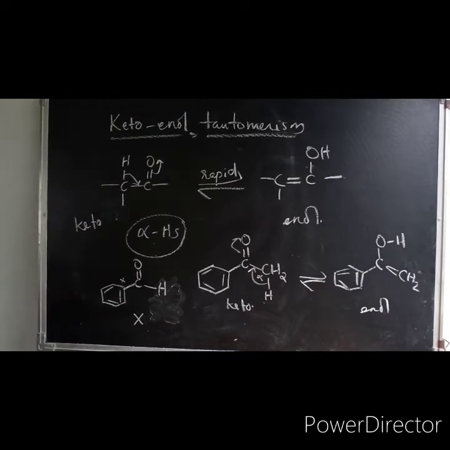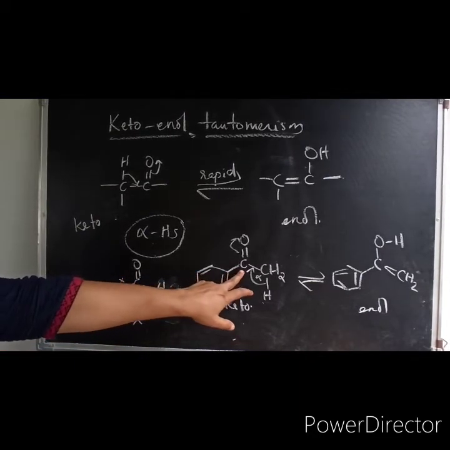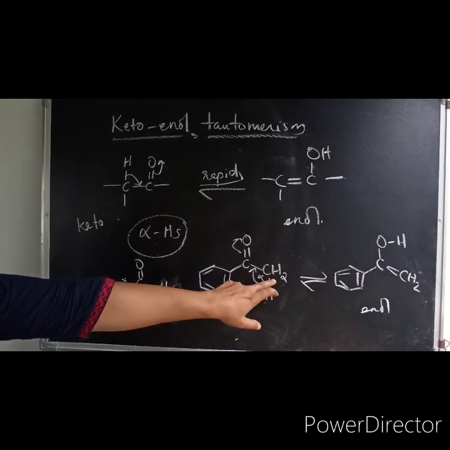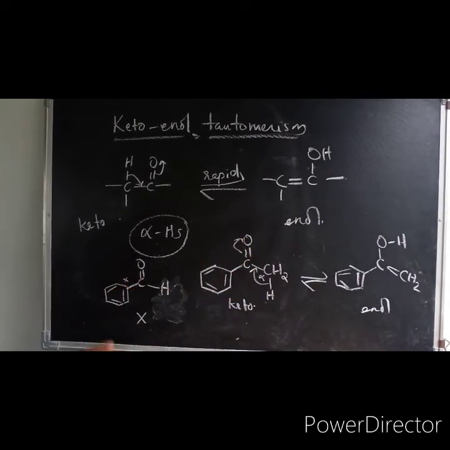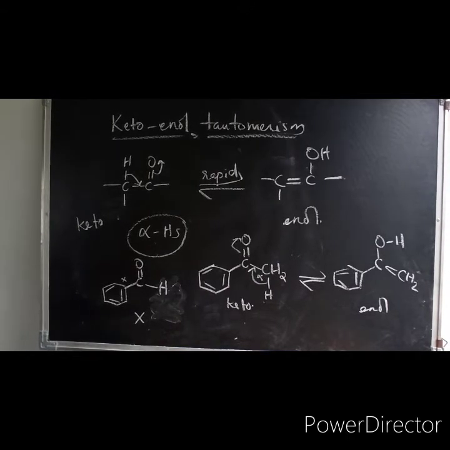So you should keep in mind that the carbonyl carbon should have an alpha carbon having hydrogens. That is what is meant by keto-enol tautomerism. As I said earlier, the keto form will be the predominant one, like 93% keto form, and the enol form will be very little.